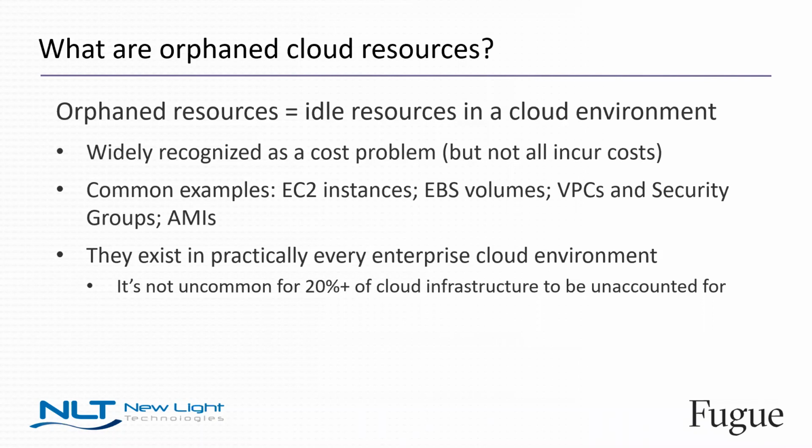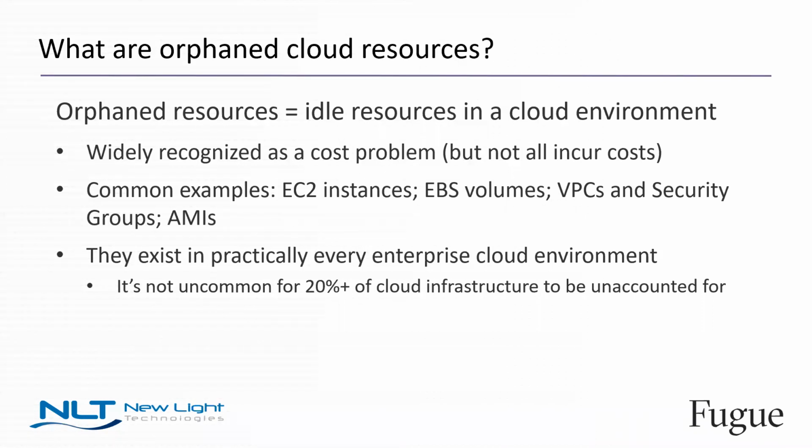And when I say hopefully it's not in use, in many cases it's Bitcoin mining for someone who's not you. This is widely recognized as a cost problem, although not every orphan resource incurs costs if it's idling, right? A security group that is not in use isn't going to have an hourly budget attached to it in your AWS bill. But a lot of them do have costs.